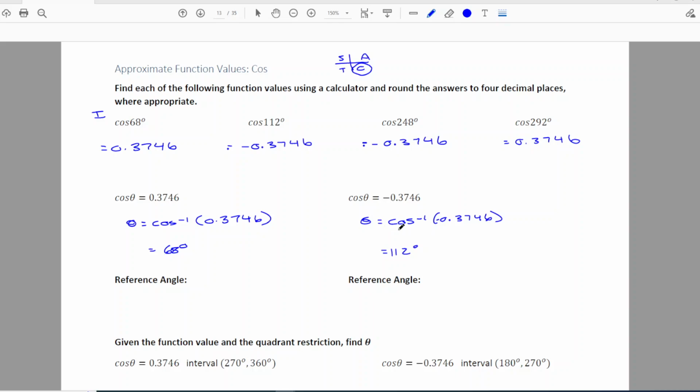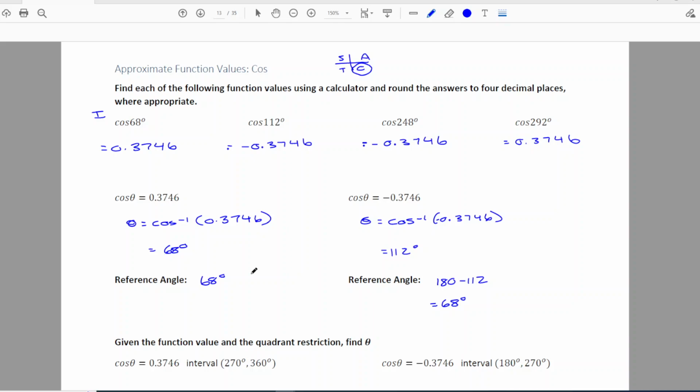If I plug this one in and then wanted the answer in quadrant 3, how could I do that? This isn't a reference angle. If you did it of the negative, you would have to find the reference angle by going 180 minus 112 and getting 68 degrees. Whereas if you do it of the positive ratio, it just gives you the reference angle.